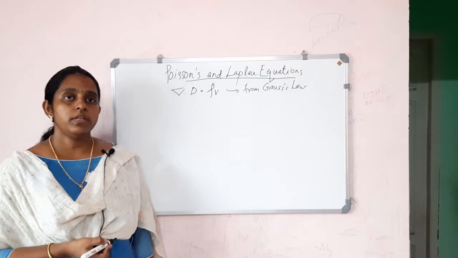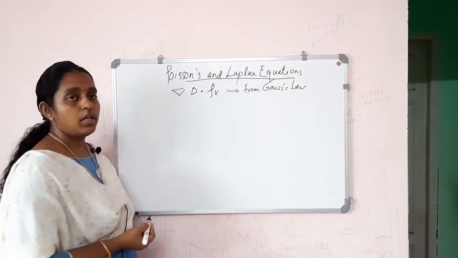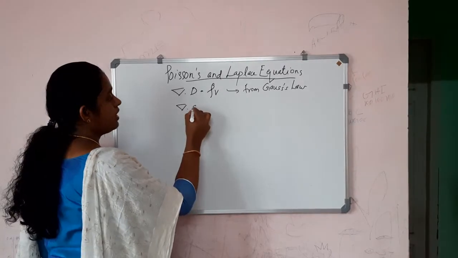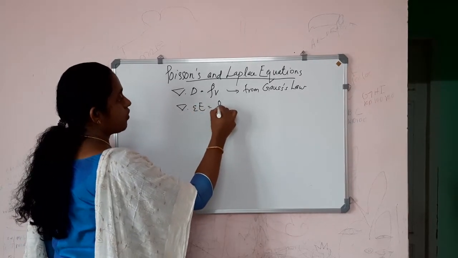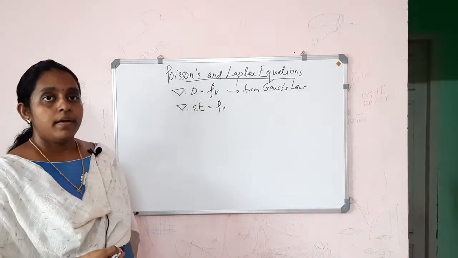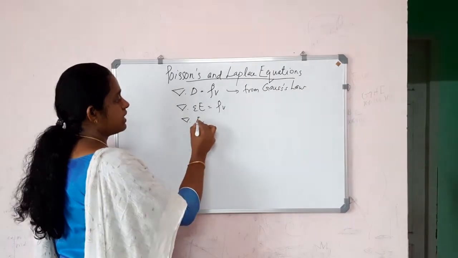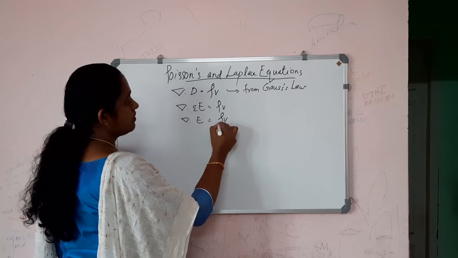So in that we substitute the value of D as epsilon E. Del dot epsilon E will be equal to rho V. Again we can take it as del dot E is equal to rho V by epsilon.